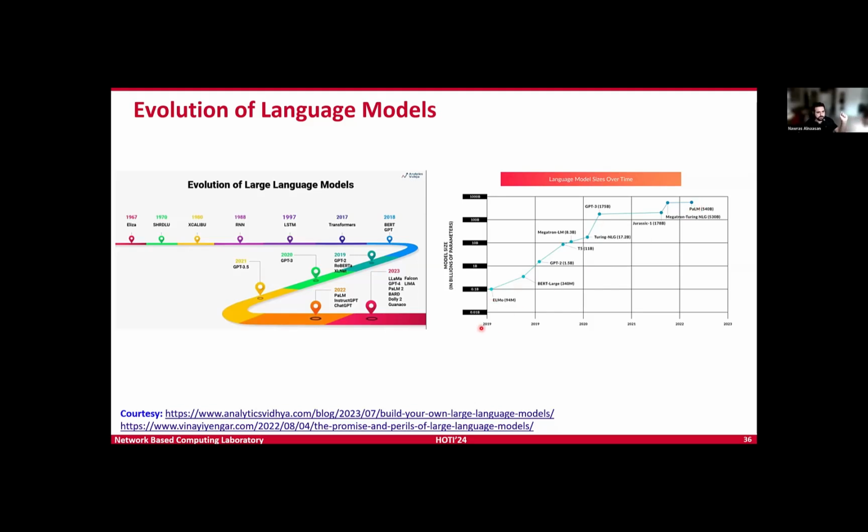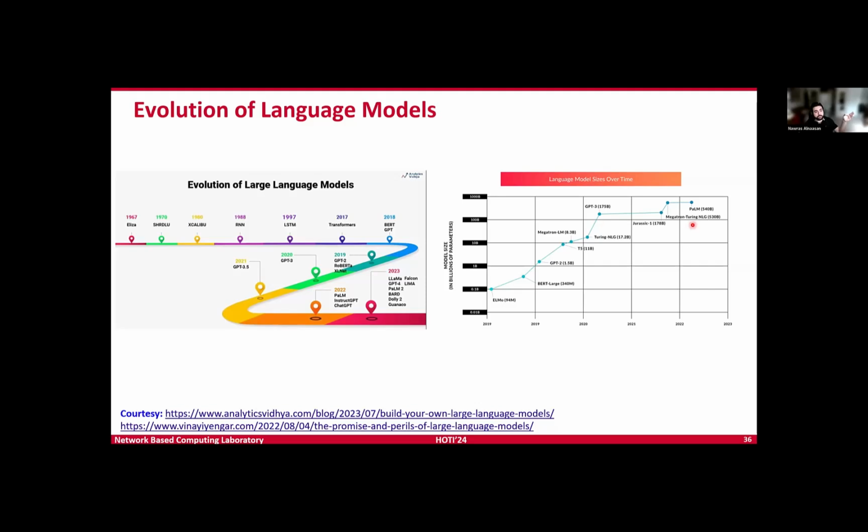But another interesting trend that we see here is the size of the model over time. Just between 2019 and 2023, we see exponential growth in the model size. For example, BERT large was 340 million parameters, whereas right now Llama 3.1 is 405 billion parameters.